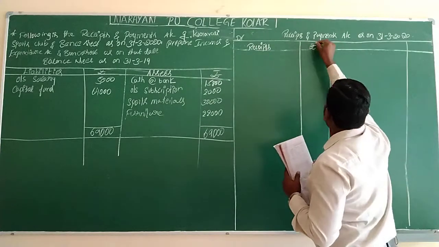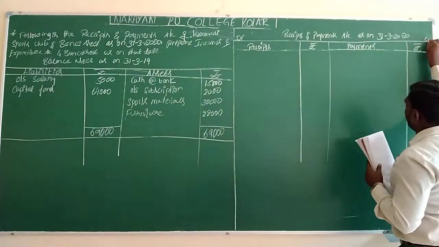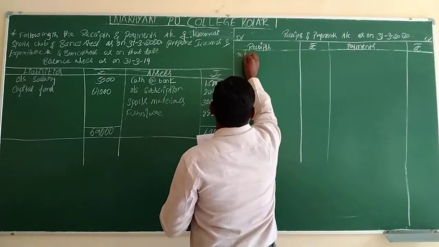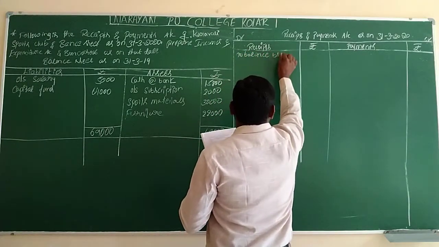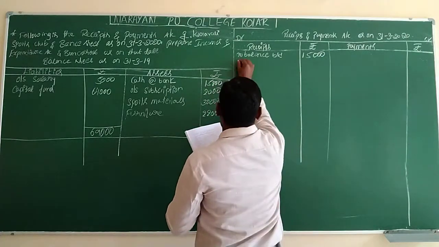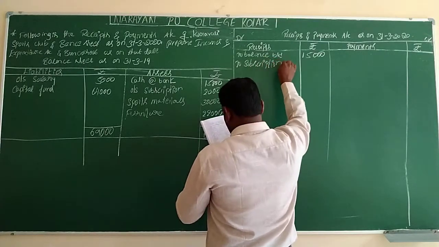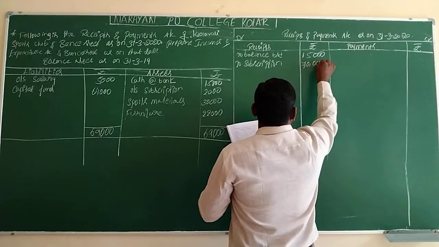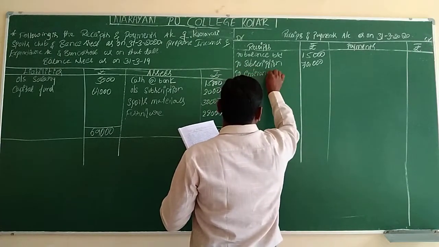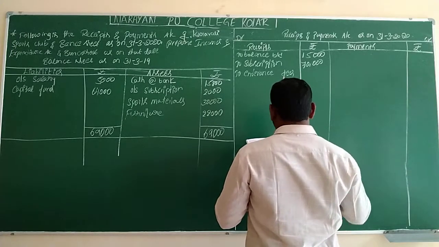On the receipt side, to balance brought down 15,000, to subscription 70,000, to entrance fees 10,000.